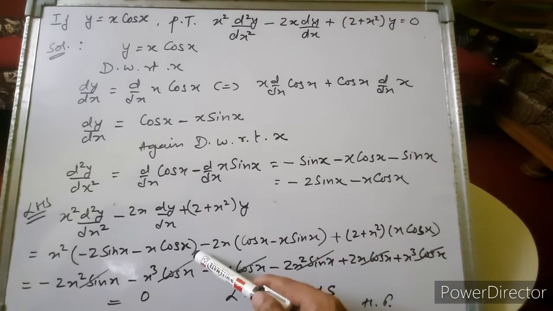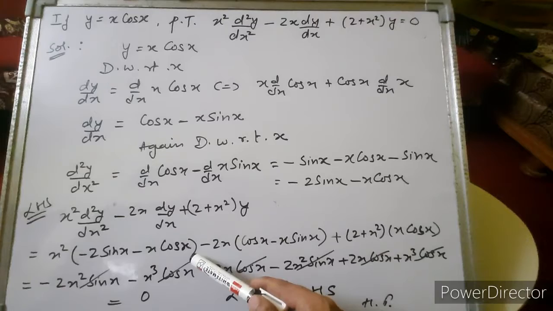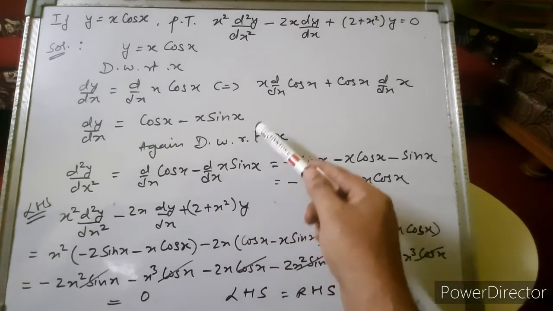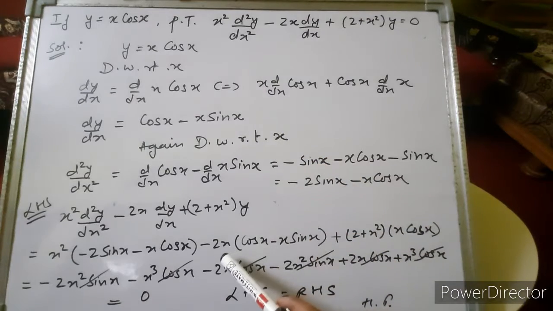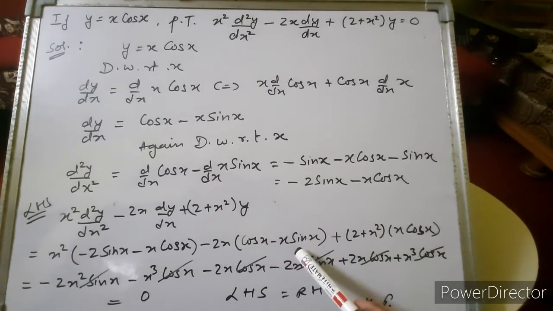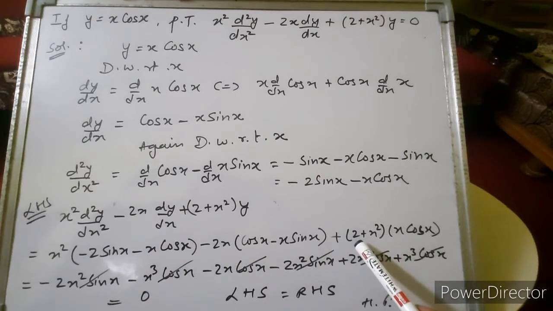So we have substituted it in place of d2y by dx2. The value of dy by dx we have calculated as cos x minus x sin x. So when we do that, what we'll get? Minus 2x in bracket cos x minus x sin x. Right? And when we put the value of y, it will be plus in bracket 2 plus x square, in bracket the value of y, x cos x. Right, children?